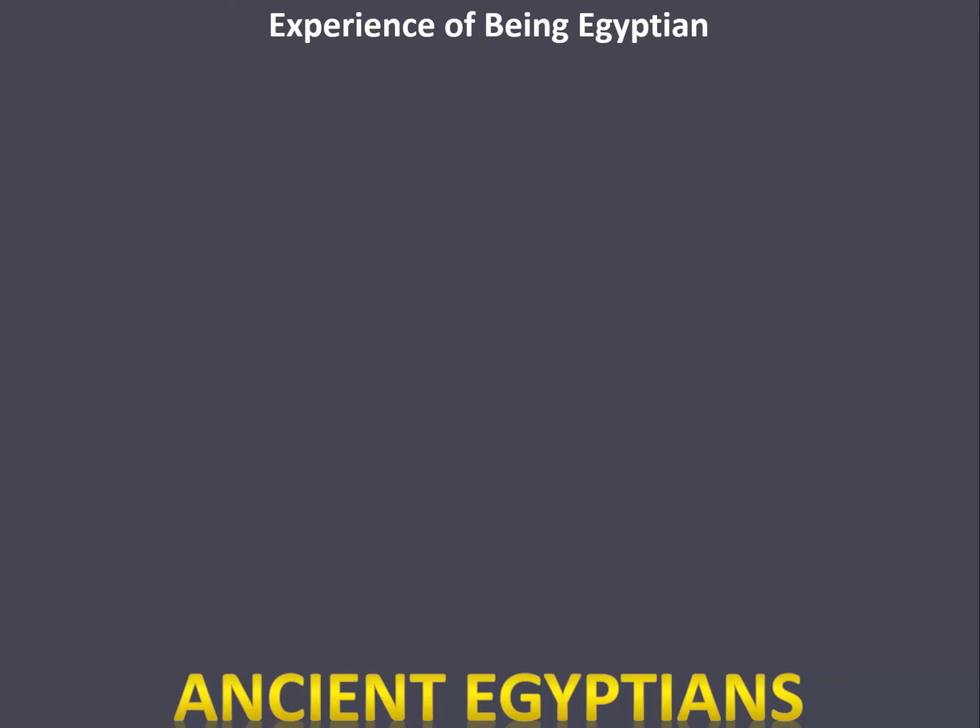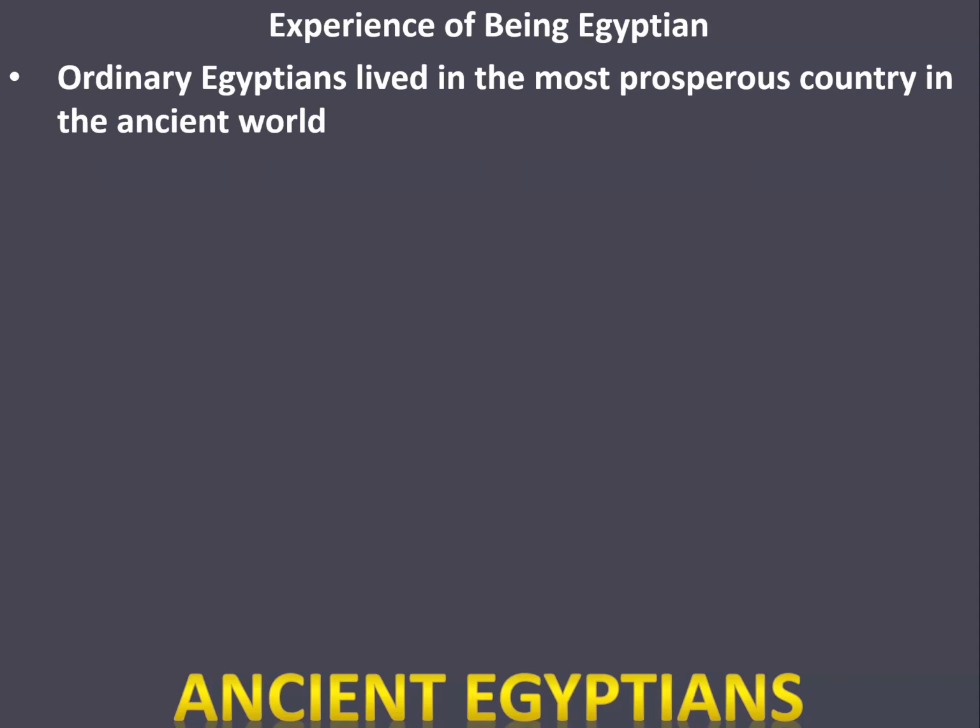So first off, we want to give a general idea of what the experience was like of being an ancient Egyptian before we start getting down to the real nitty-gritty of the stuff here. So just some big picture ideas to keep in the back of our minds as we're talking about the Egyptians is that the ordinary Egyptians lived in the most prosperous country in the ancient world. The Egyptians had such an easier time of growing crops and just flat out surviving than a lot of the other ancient peoples.